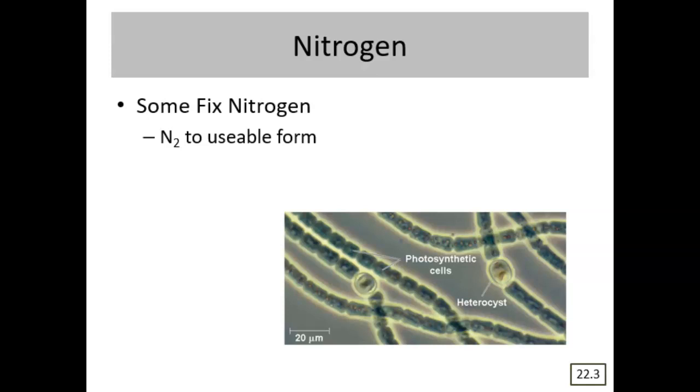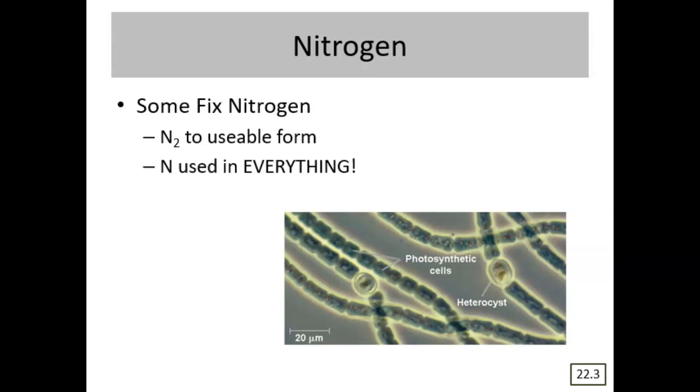Nitrogen gas, which makes up the majority of the atmosphere, is two nitrogen atoms held together with a triple bond. And most organisms can't break that triple bond apart to get access to that nitrogen.